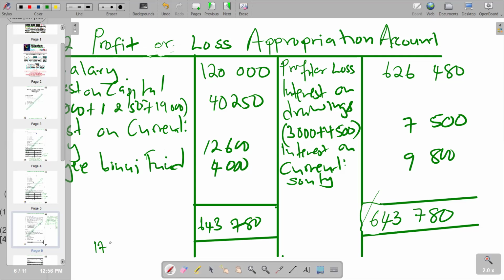Remember, these balances are supposed to be transferred to the current account. So we're saying current account, we have got Sonti. And then again, we say current account, and the other one is Sony. So remember the figure that we got there when we divided is 233,465 for both partners.